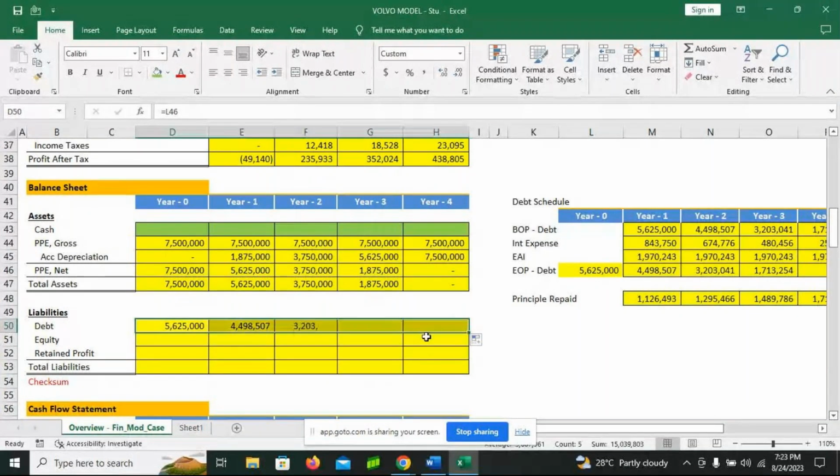So I'm going to take this debt amount. By the end of the fourth year, the debt should be cleared.